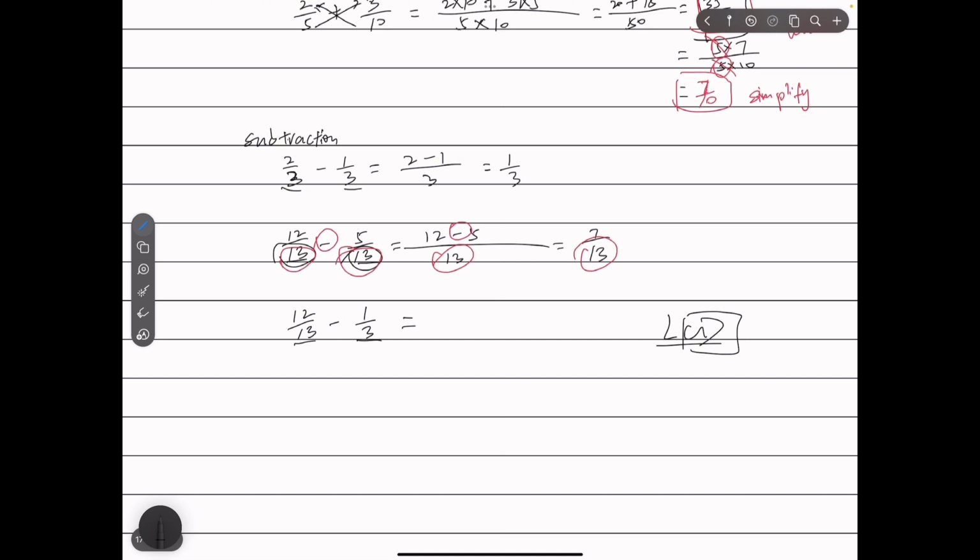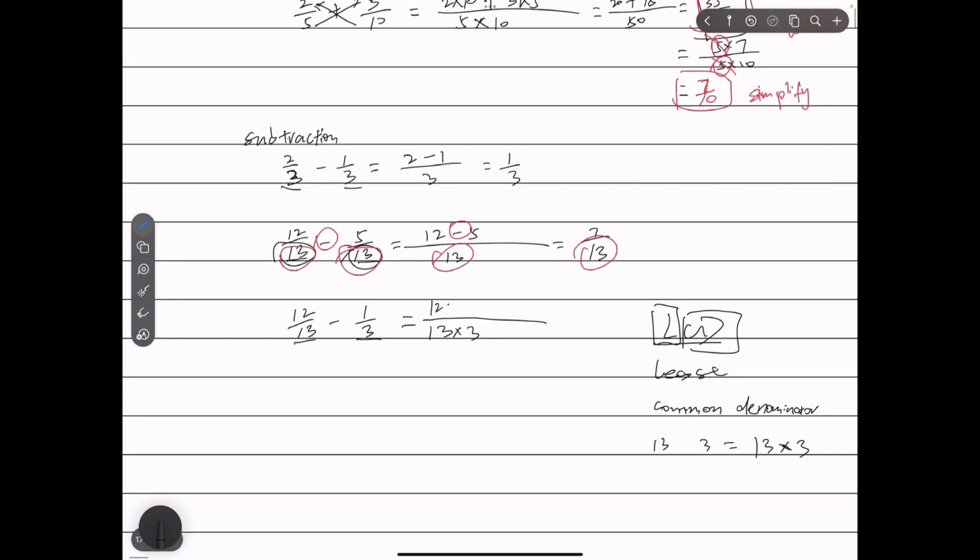So the common denominator for 13 and 3, without thinking if it's least or not, we can just use the two numbers multiplied by each other. So that will be 13 times 3. Without changing the number, it will be 12 times 3 minus 1 times 13. That's how we do the change.